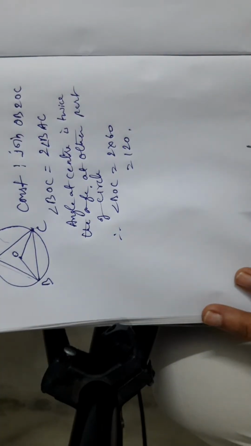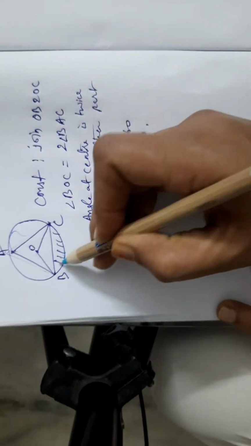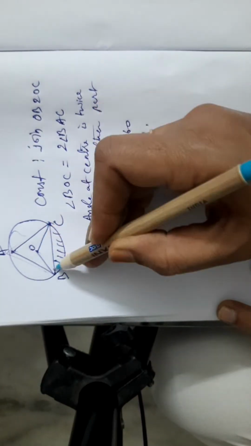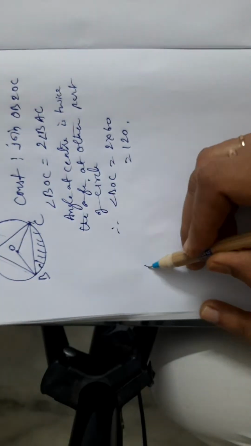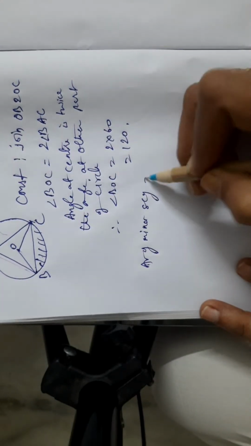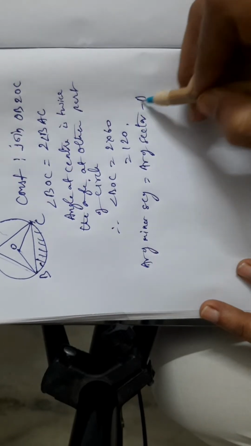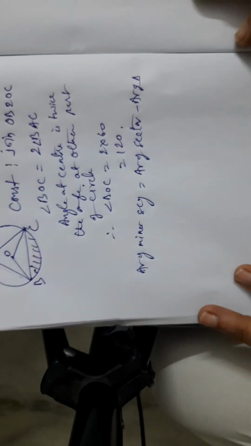We got the value of the angle. To find the segment, again, out of the sector we need to subtract the triangle. Area of minor segment is area of sector minus area of triangle.